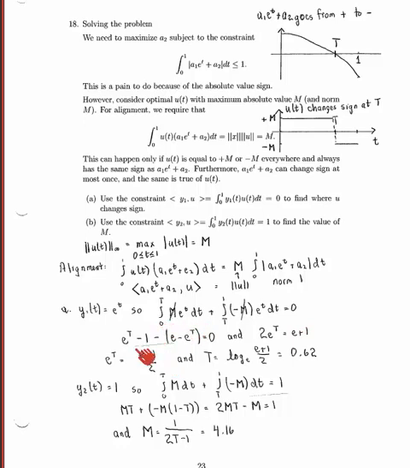So this first integral is e to the capital T minus 1. We subtract off the second one, which gives us e minus e to the T. That whole business has to be 0.